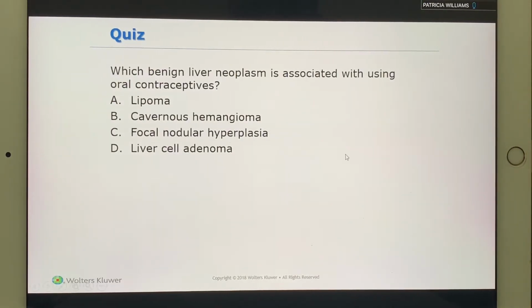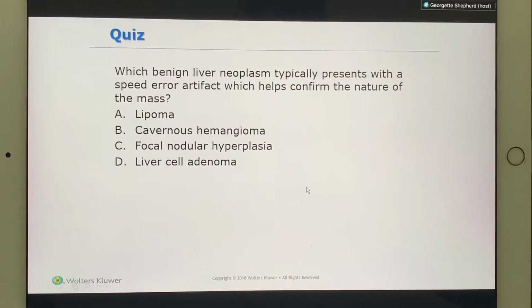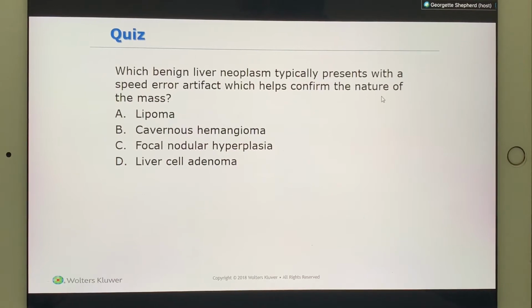Which benign liver neoplasm is associated with using oral contraceptives? FNH. Focal nodular hyperplasia. Which benign liver neoplasm typically presents with a speed error artifact? A lipoma.